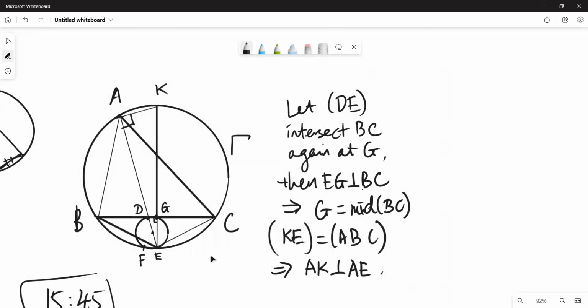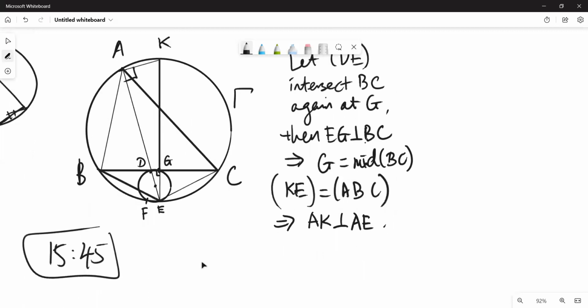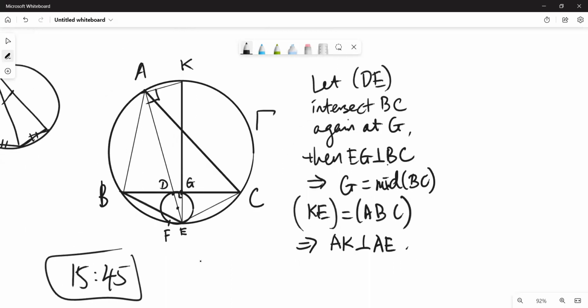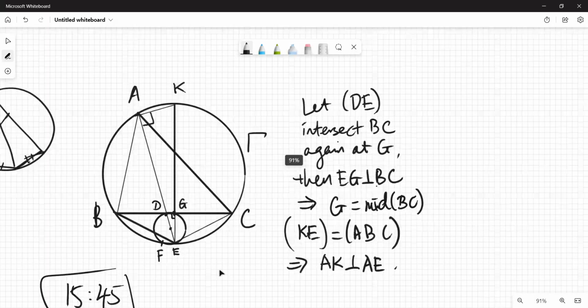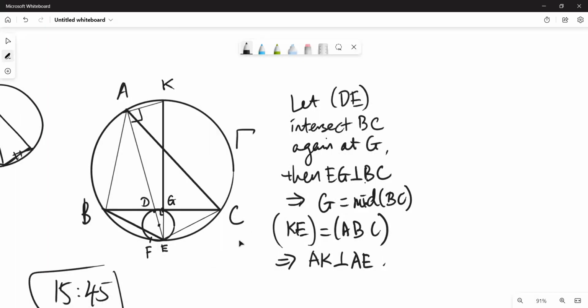And now are we done? No. So first of all, what's the property of F? Anyone saw any properties of F after I constructed K? Anyone found anything about F in this diagram? And it's something to do with K. KFE is 90 degrees, yep.